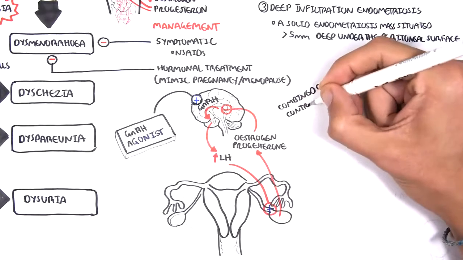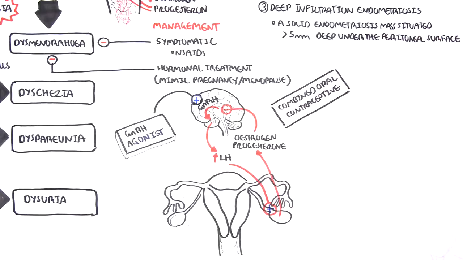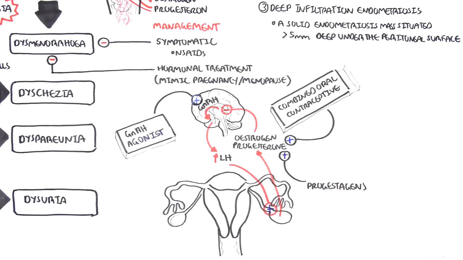Then there's also the combined oral contraceptive pill, basically estrogen and progesterone, which means that you have more of these hormones, which means that you will stop the menstrual cycle. You stop menstruating. Then you have progestogens, which is basically the hormone progesterone, and it does the same thing. It prevents or lowers the heavy bleeding in the reproductive cycle.